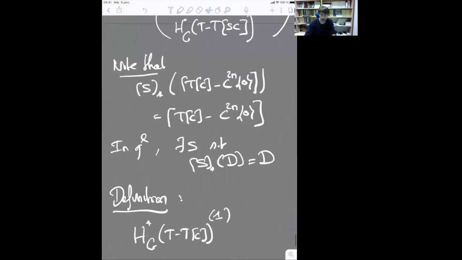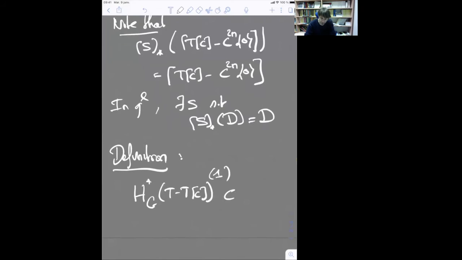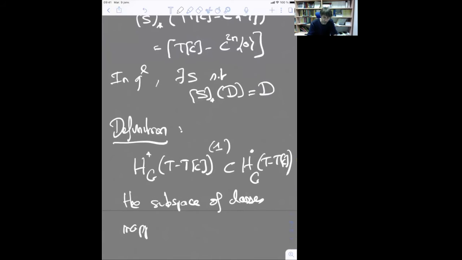I denote by this the subspace of the equivariant cohomology, and I could consider also the equivariant cohomology of T or standard cohomology. The subspace of classes mapped to 0 by a power of this.